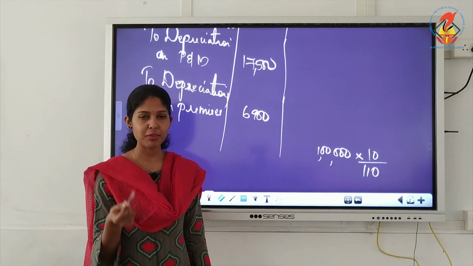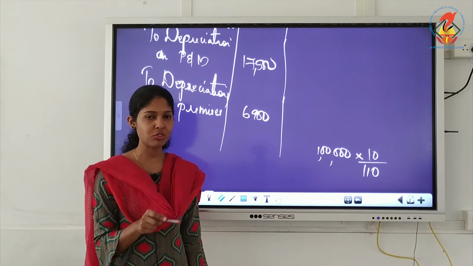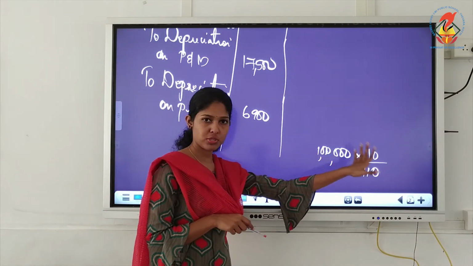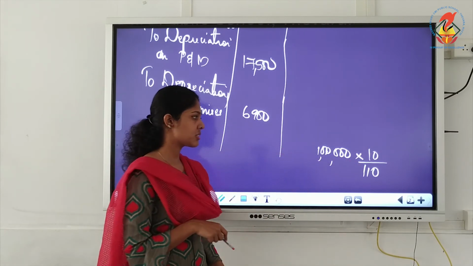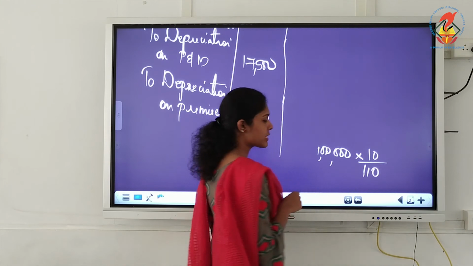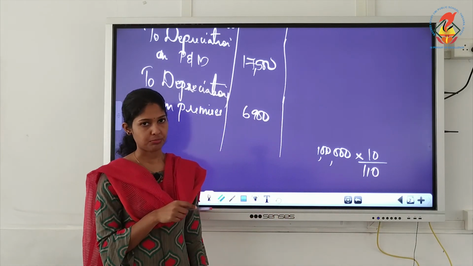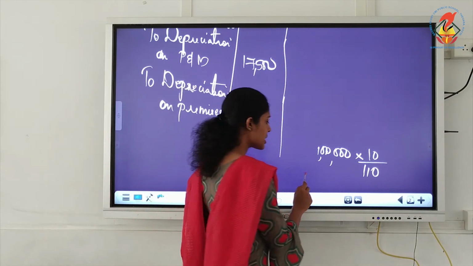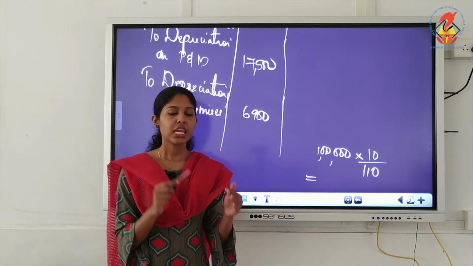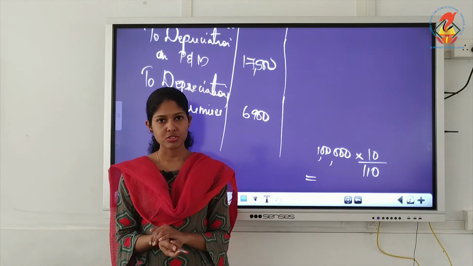If it is given as 5% in the question, you have to take 5%. This is just an example. So suppose the question says like 10% is the manager's commission. And if it is after charging, we have to do like 10 by 110. Okay. So this is how you have to compute manager's commission if it is given like after charging.